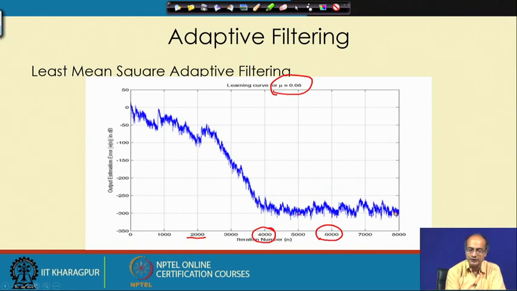So, we see that by increasing mu we are having more weight vector noise. These three examples help us to get the importance of the choice of mu, and if we can get mu in a proper way, then we can have a much faster response and lower noise.